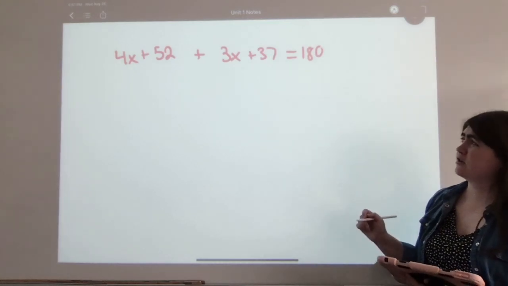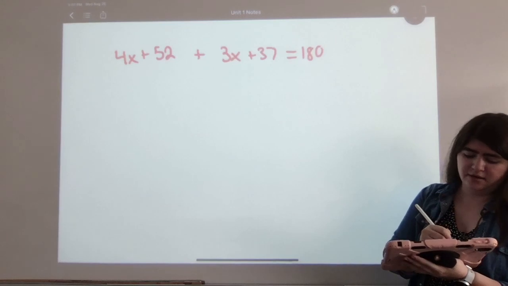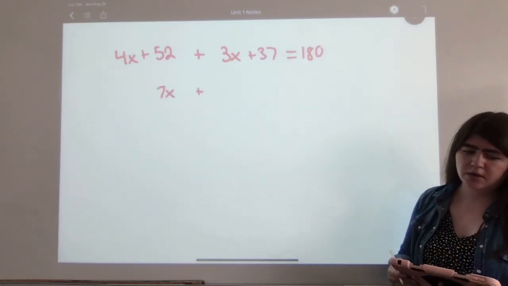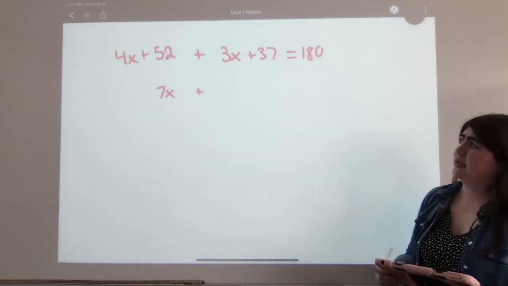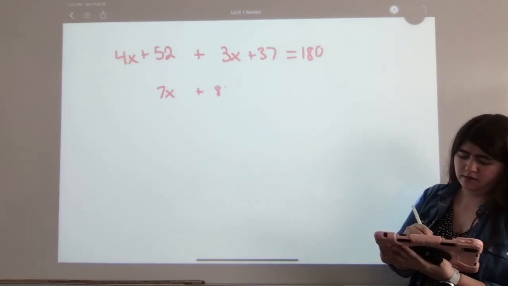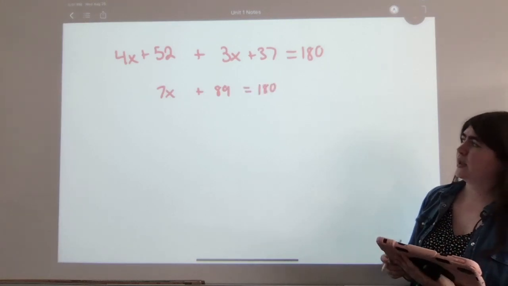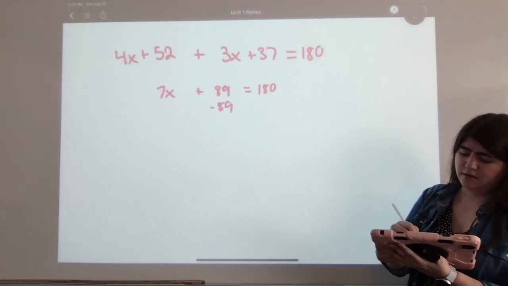I'm going to go ahead and zoom in for the steps here. I'm going to start by combining like terms. 4x plus 3x is 7x, plus 52 plus 37 is equal to 89, which is equal to 180 degrees. I'm going to subtract 89 from both sides, working towards getting x by itself.